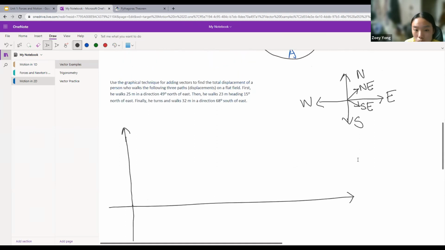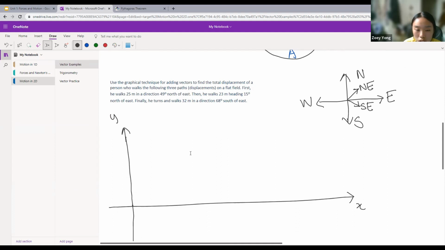So what you do is, this is the Y, that's the X, right? First, the question says this person walks 25 meters in a direction 49 degrees north of east. So where is 49 degrees north of east? The positive Y-axis, up here, is basically north, so this way's north, this way's east.